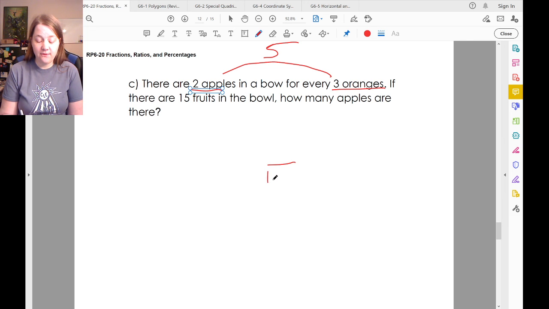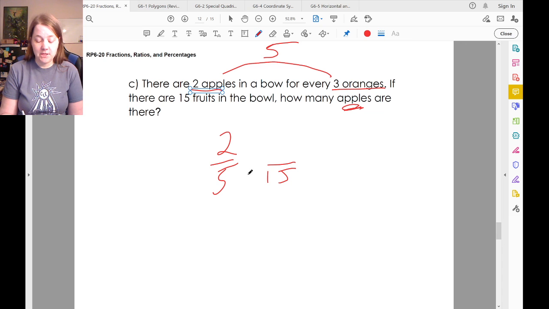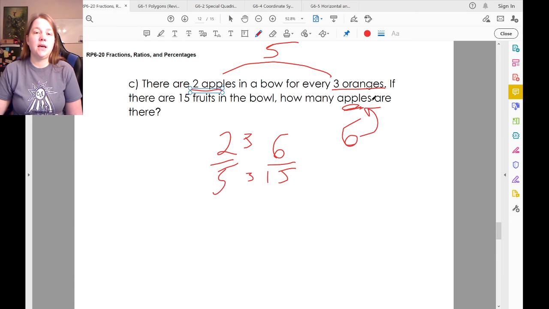We know that there's 15 fruits in this bowl. We want to know how many apples there are. Well, the fraction of apples in the bowl is 2 apples for every 5 fruits. 5 times 3 is 15. 2 times 3 is 6. There are 6 apples in that bowl.